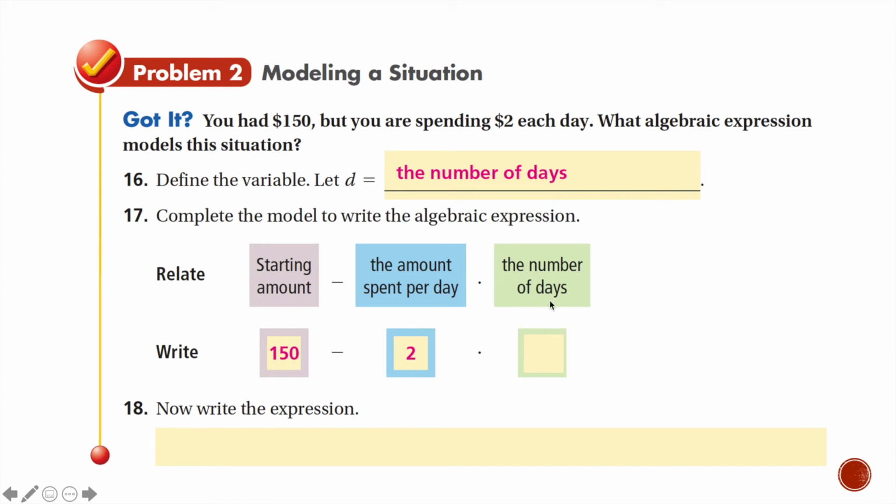So the number of days becomes d. So how can you write that as an expression? You just have to simplify it now. 150 can't combine into anything else because there's no other like terms. But that 2 times d can look a little bit nicer, and we can change that to a 2d. So we have 150 minus 2d.